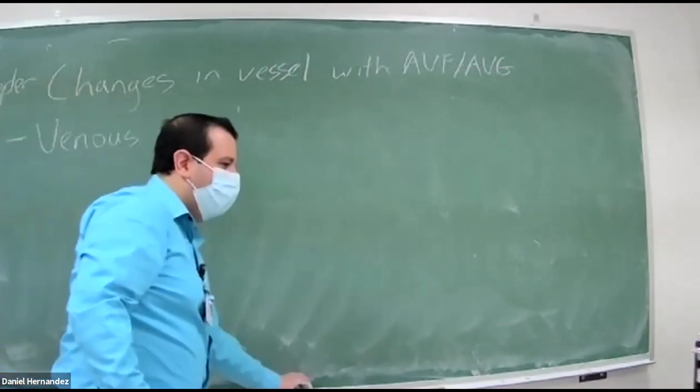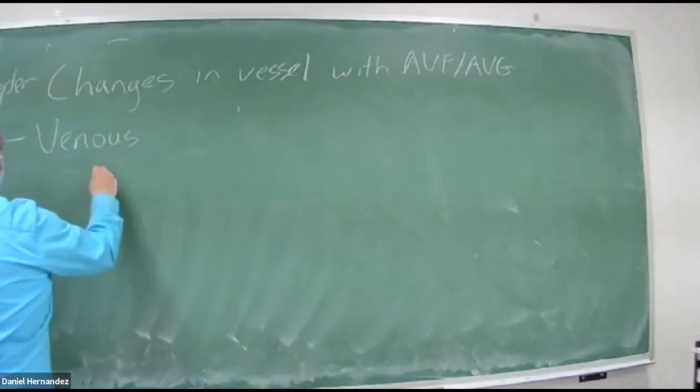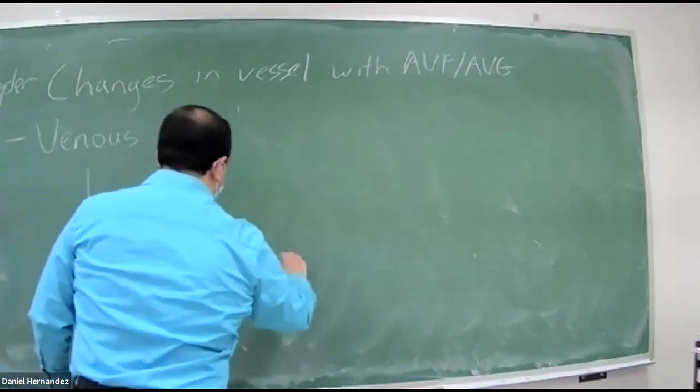So venous, now that we are entering the veins, we have arterial blood flow entering the venous system.